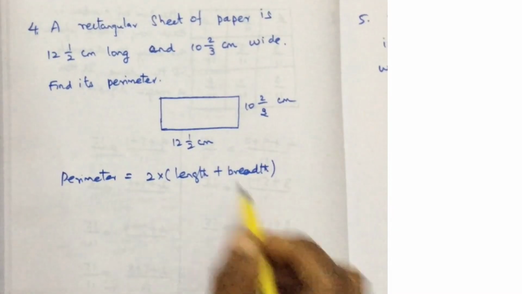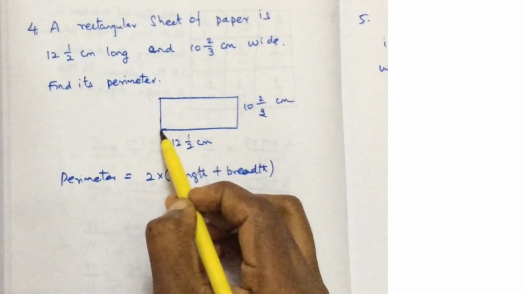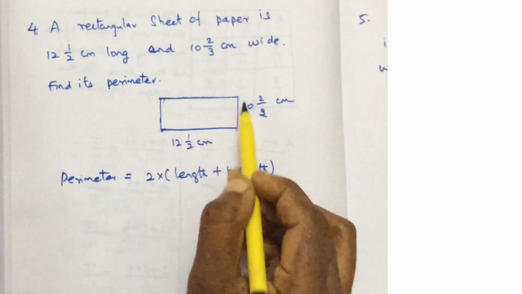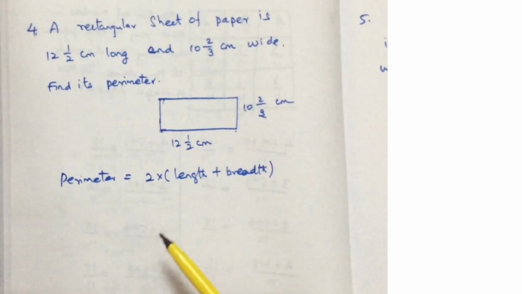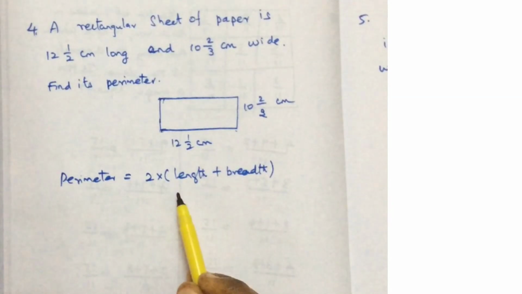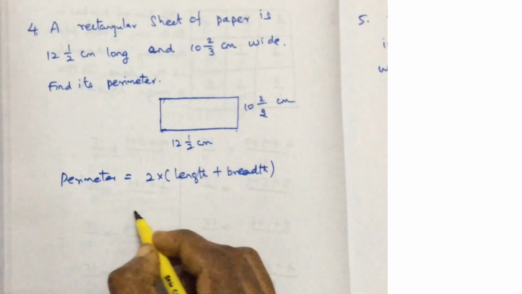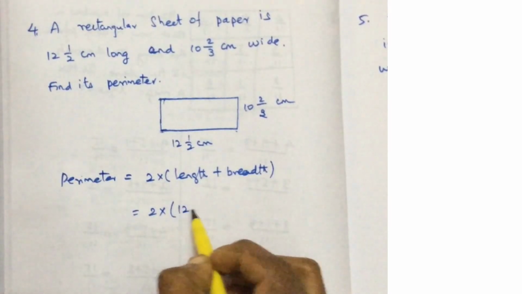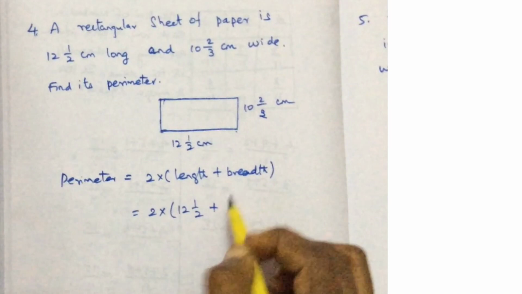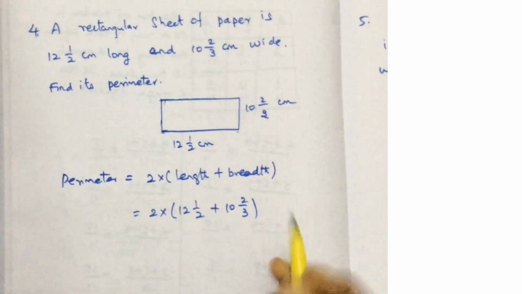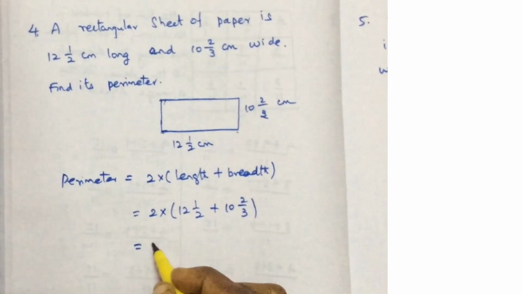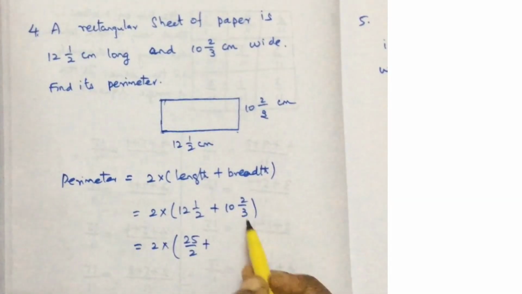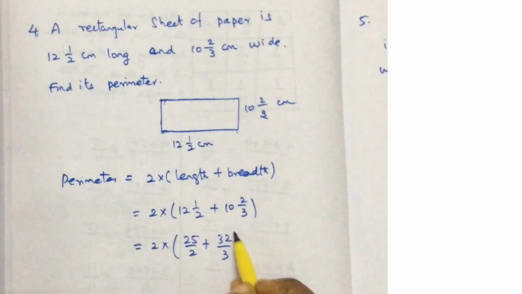Okay, perimeter is the total length of these lines, 1 2 3 4. If you add all the lines, you will get what is called the perimeter. So it is 2 multiplied by length plus breadth. That is equal to 2 multiplied by, the length is 12 1 by 2 plus the breadth 10 2 by 3, that is equal to 2 multiplied by 25 by 2 plus 32 by 3.